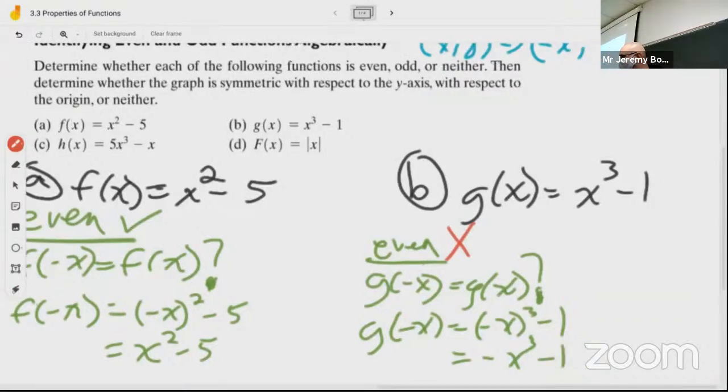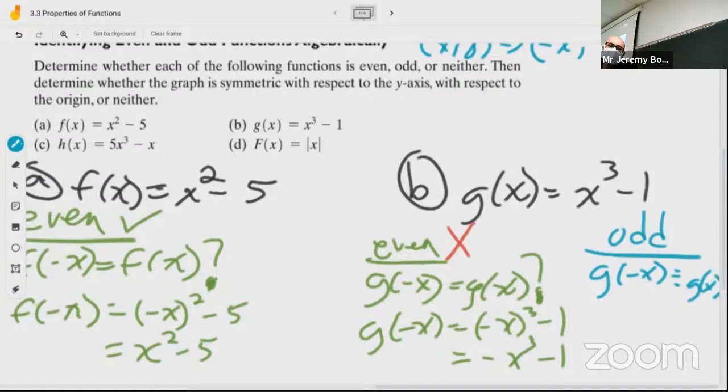So let's look at odd. For odd, we're trying to see if g of negative x is equal to negative g of x. We already know what g of negative x is. That is what we found right here. So what we're going to look for is negative g of x.